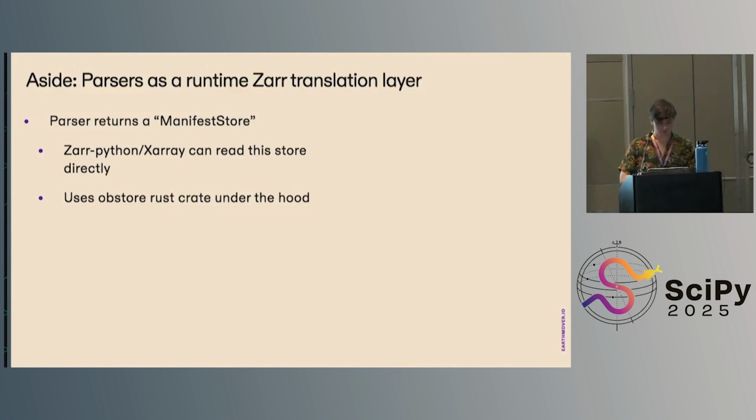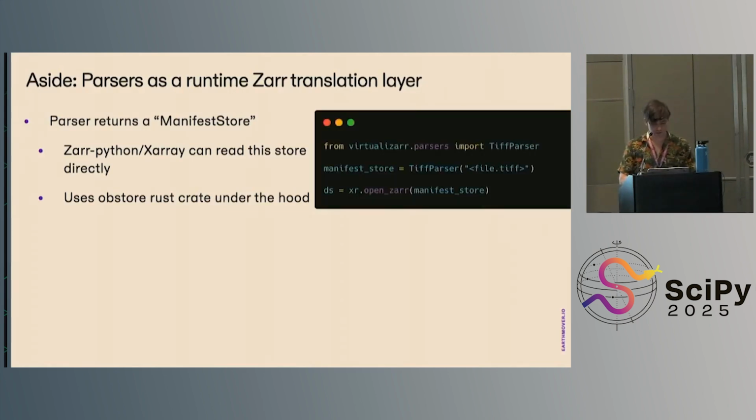It uses the obstore Rust crate, object store Rust crate, to actually read the data under the hood. And so this means you can do code like this. If there's a parser for a TIFF file, you just call the parser on the TIFF file, you get this manifest store back, and then you can call xarray open zarr directly on that manifest store. Nothing's been saved to memory here, but now this xarray dataset is reading data directly from the TIFF file.